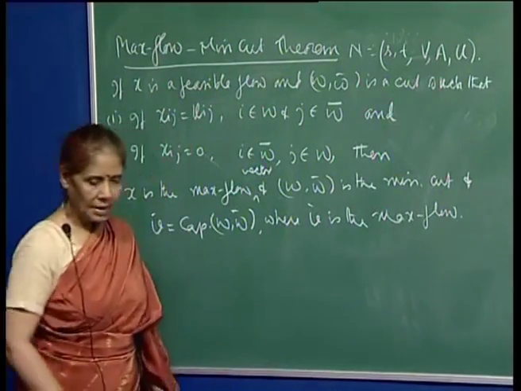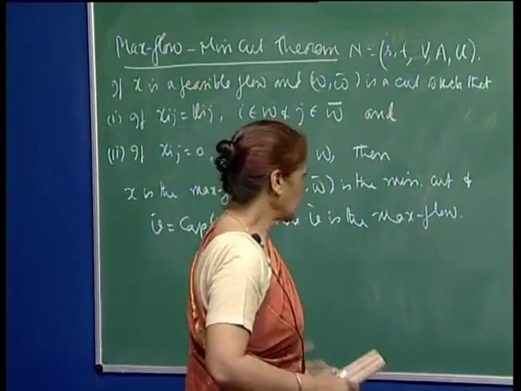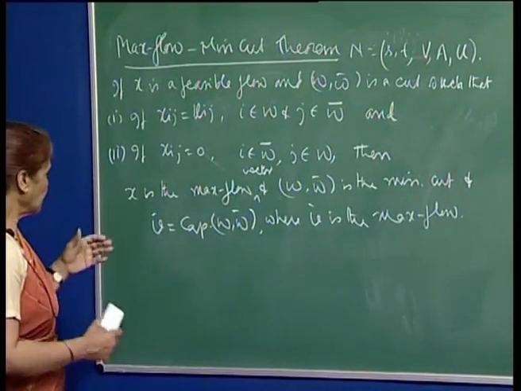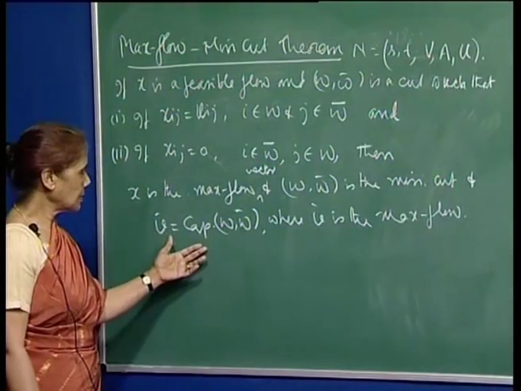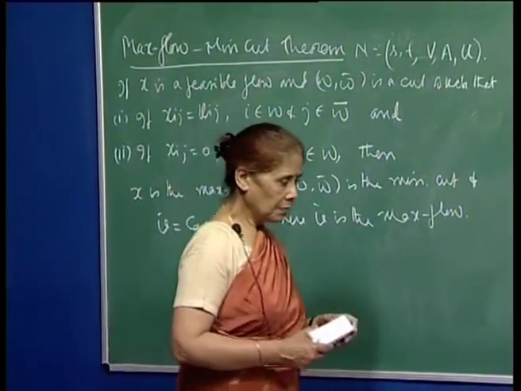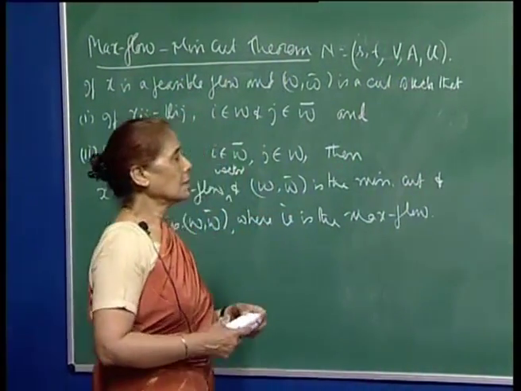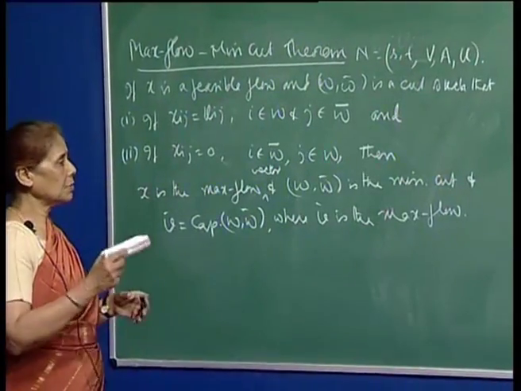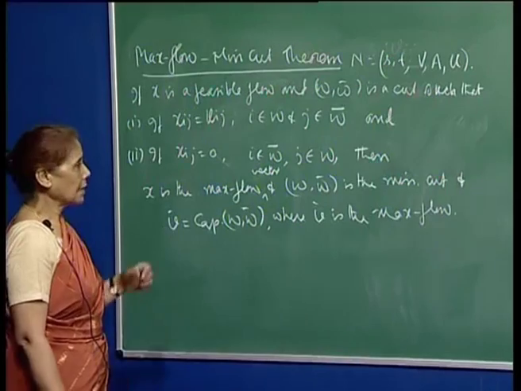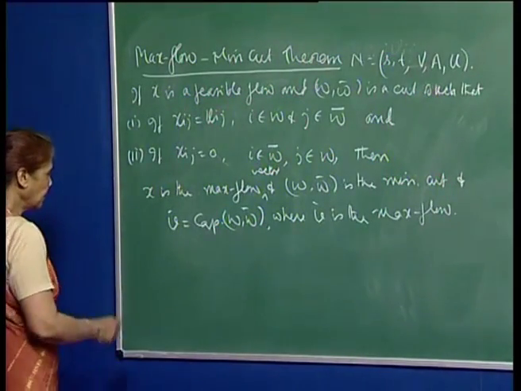I just want to state the theorem, because maybe it can be written in a better way. Then the value of the max flow will be equal to the capacity of the cut, and this will be the minimum cut, because remember the dual problem we were defining was finding the minimum of sigma Uij Vij. So this will be the minimum cut and this will be the max flow. Okay, so the proof is simple.